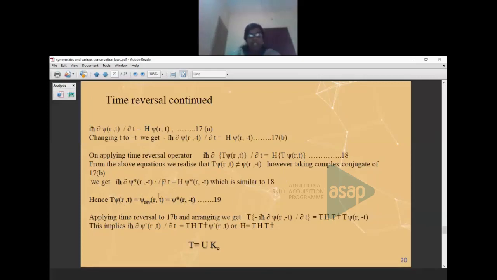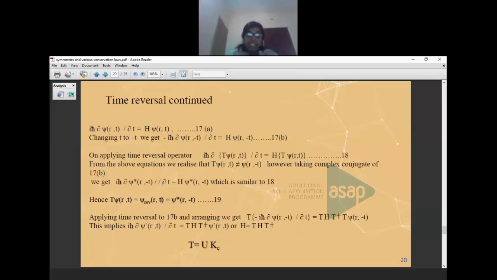So time reversal is not something we can just blindly define. Classically we can say, what is time reversal? Simply substitute t to minus t. Actually, it is not just that; there is something more to it. Once again, let us try to understand time reversal. Our position coordinate doesn't bother about time reversal because it is not dependent on time. The momentum coordinate does, because it depends on velocity.